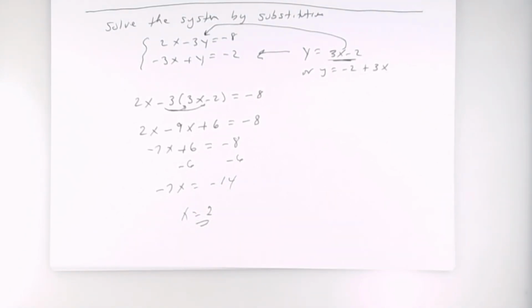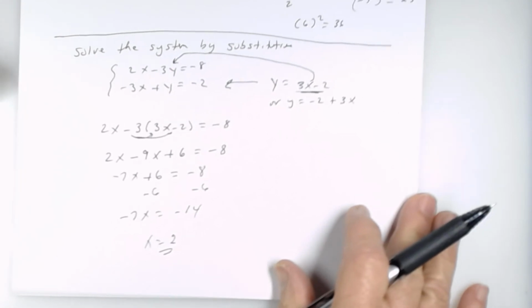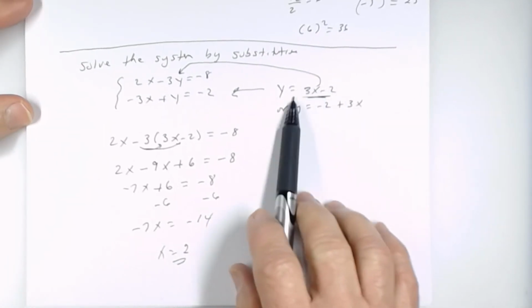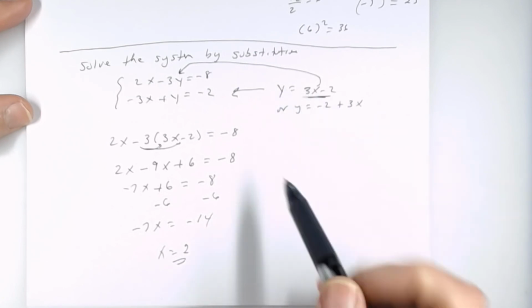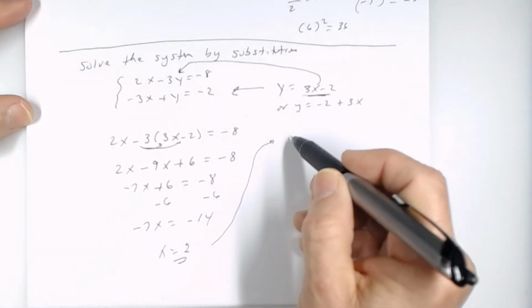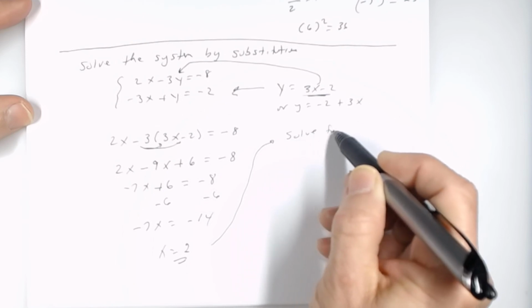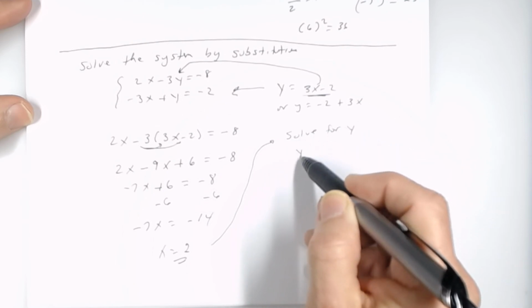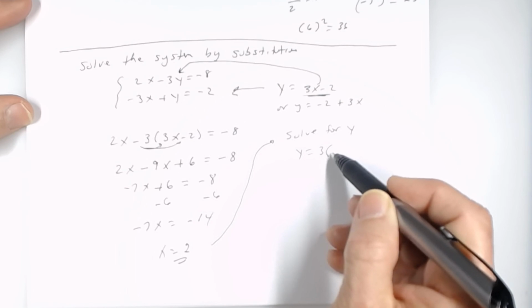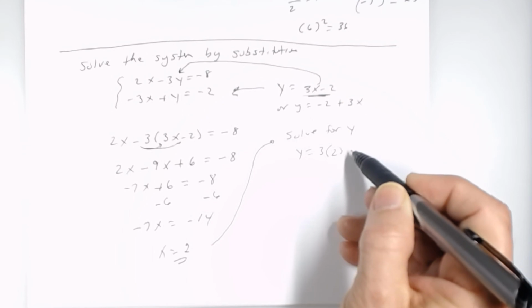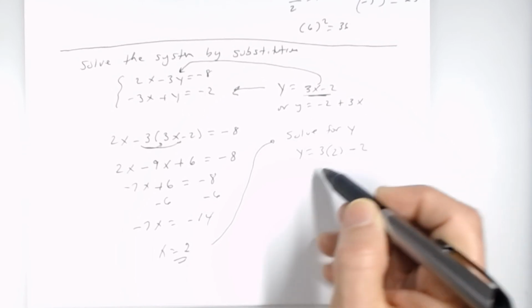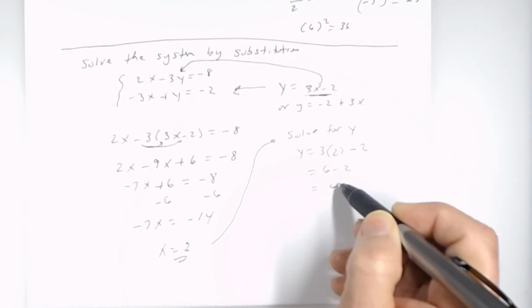So that's the x coordinate of the solution. How do you find the y coordinate? Plug in your x. Go back to that equation where y was by itself, and where we see the variable x, you're going to substitute 2. So I get y equals 3 times 2 minus 2, so that's 6 minus 2, which is 4.